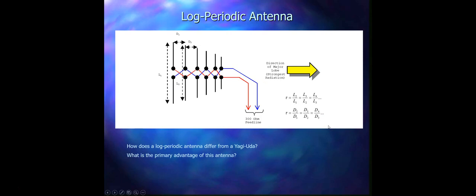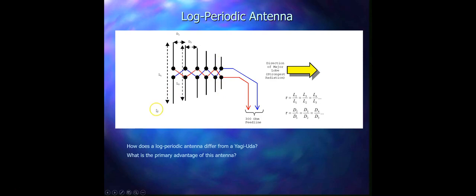Now next is the log periodic antenna. In this log periodic antenna, all the elements are driven by the feed line. You can see here they are connected, and alternate elements in this antenna are connected 180 degrees out of phase. The longest element L1 you see here is cut to resonate at the lowest operating frequency, and the shortest element resonates at the highest frequency.